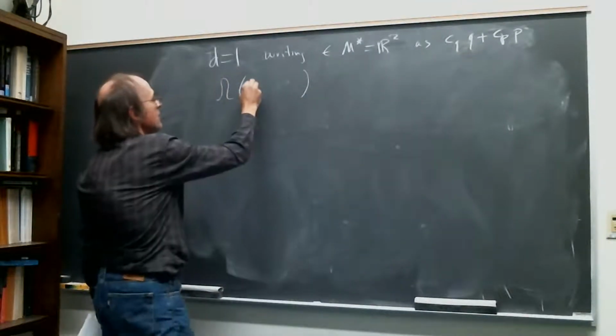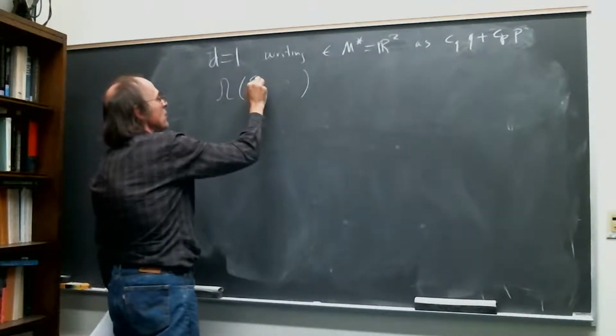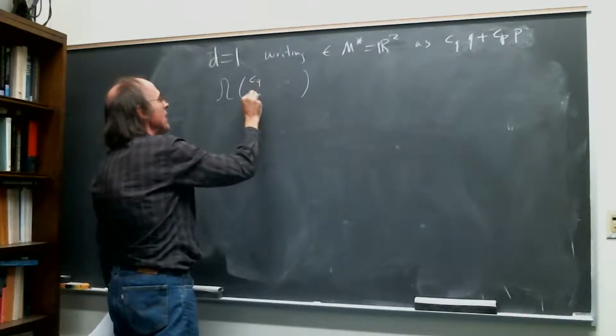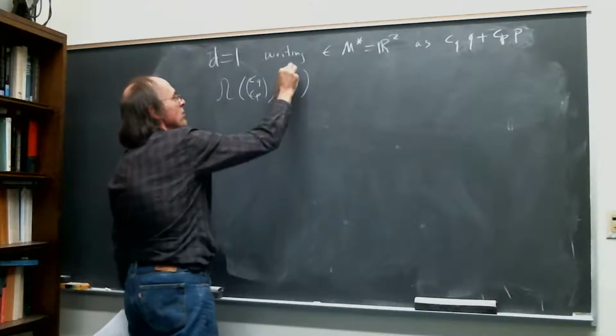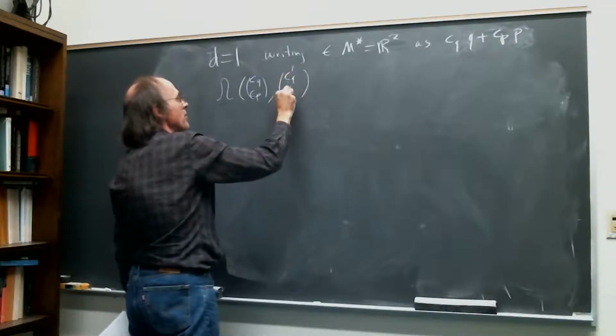Let me just put the coefficients here: c_Q, c_P, and then some other one which is c prime Q, c prime P.